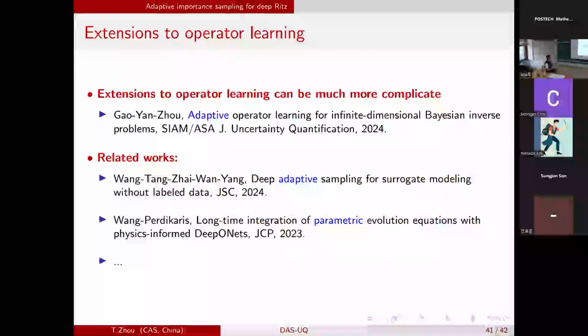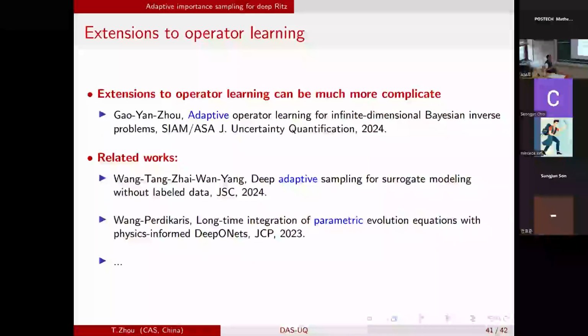And also, eventually, we want to solve some operator problems. Because if you want to solve a benchmark problem, a very simple PDE, it doesn't make any sense, because you can never compete with finite element or finite difference.